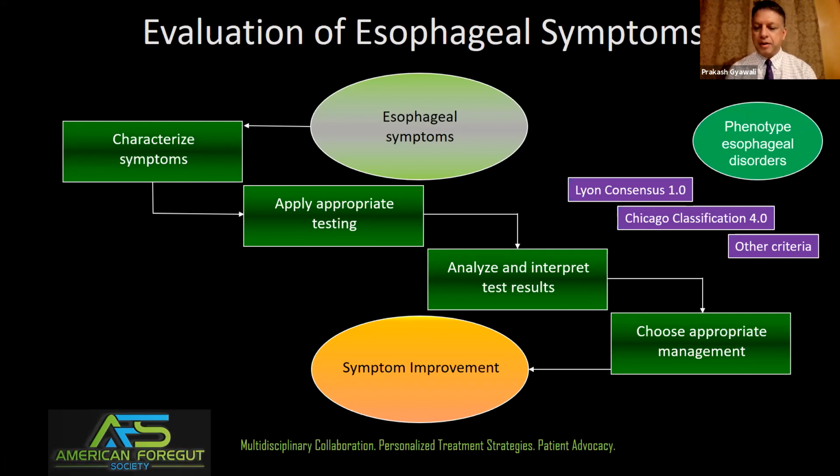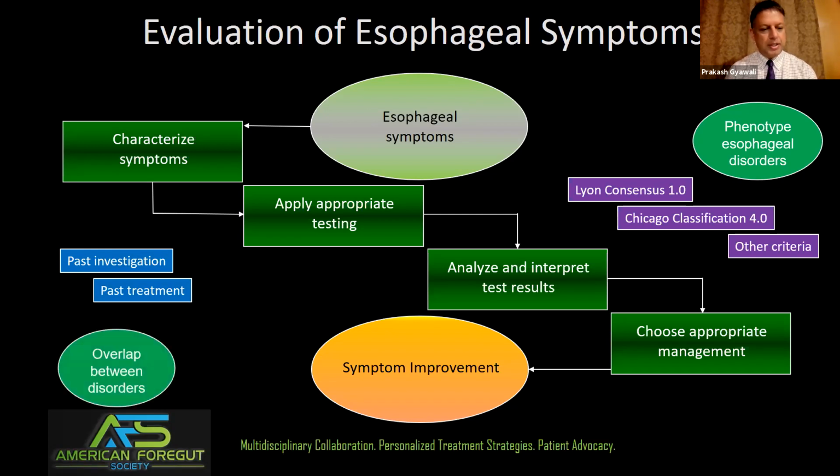They are not necessarily gospel, and you have to interpret some of these guidelines sometimes. Past investigation, past treatment may also influence how these tests are analyzed and how the patient is phenotyped. And a very important point, there may be overlap between disorders.